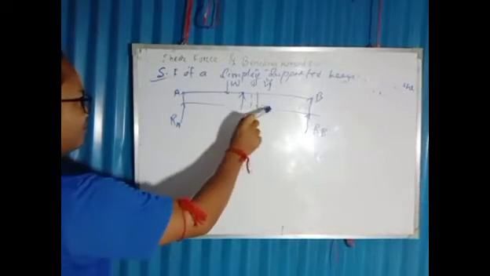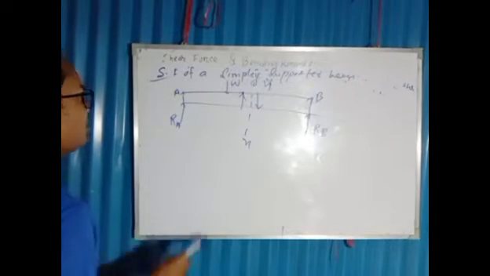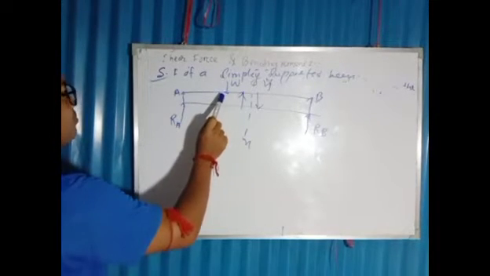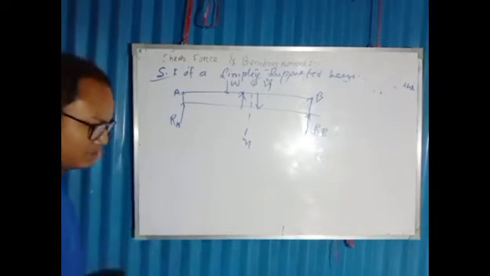About this x axis, W is the load which is acting at the midpoint of this string.